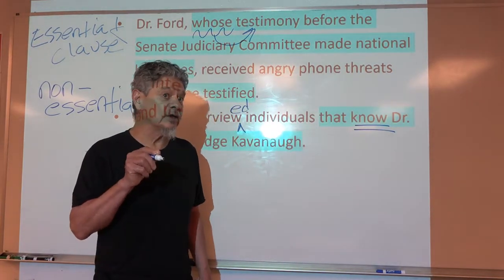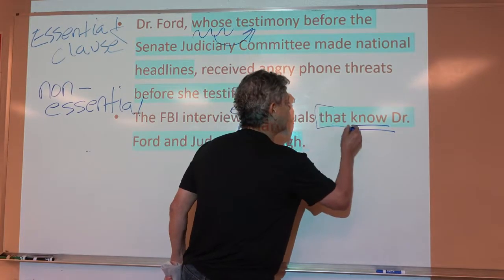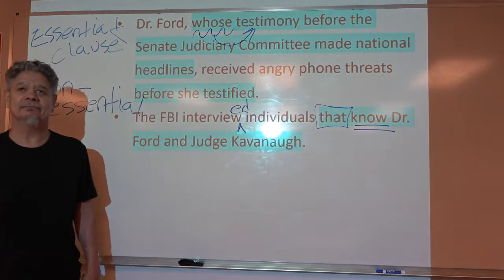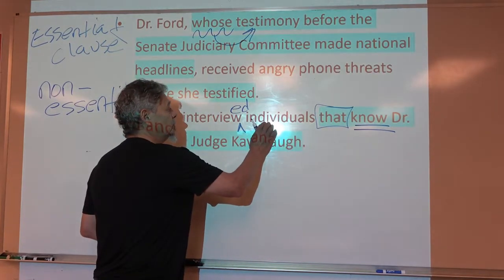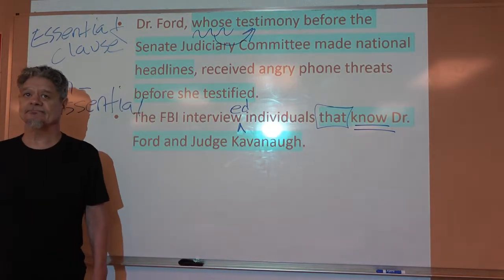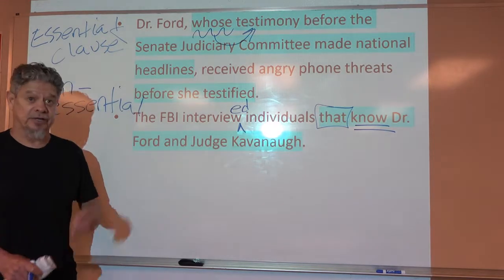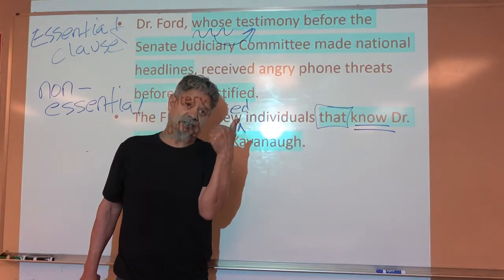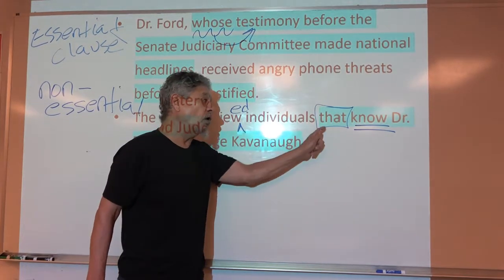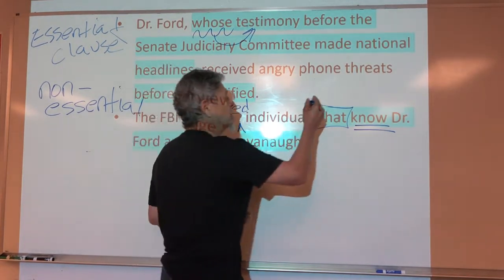And the subject of that verb is this relative pronoun. And this relative pronoun refers to these individuals. So again, that can be used as a subordinating conjunction or relative pronoun.